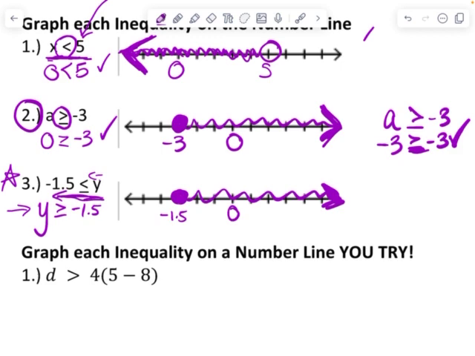Is that a true statement? Well, yeah, it's not greater than, but it's equal to, so yes. On the flip side, if I go back up to number 1, if I have x is less than 5, and let's plug in 5, is 5 less than 5? No. That's why it's not a true statement. All right, and that's why the point is open.